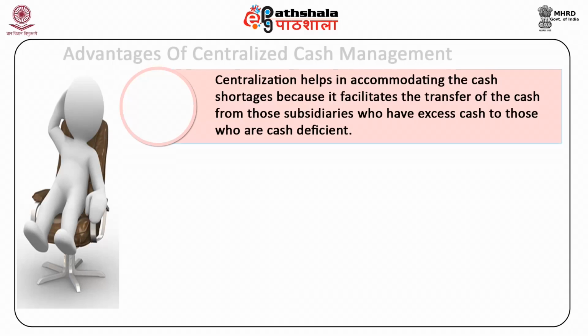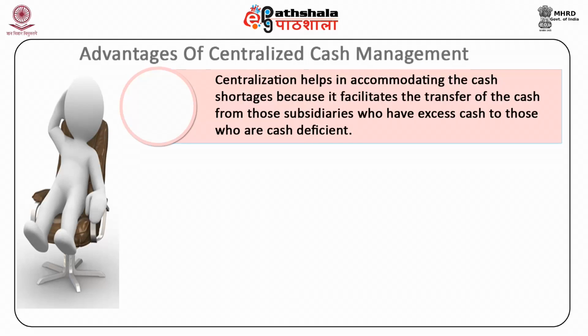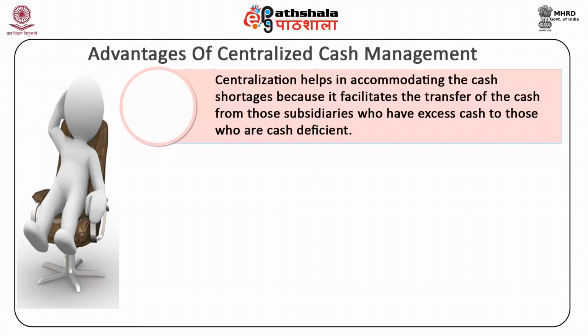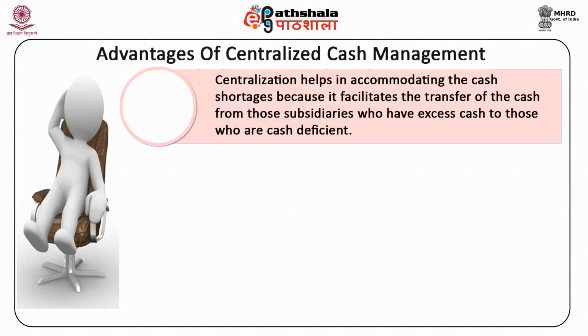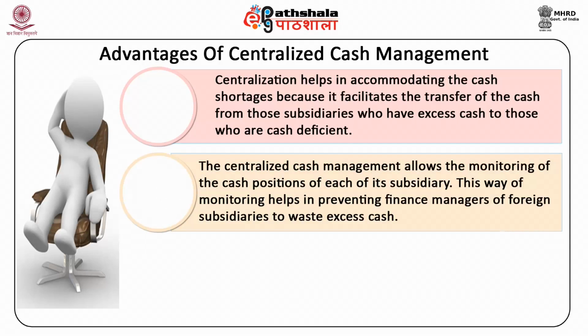Centralization helps in accommodating cash shortages because it facilitates the transfer of cash from those subsidiaries who have excess cash to those who are cash deficient. It can be in the form of loans given by one subsidiary to another. Centralized cash management allows the monitoring of the cash positions of each of its subsidiaries.